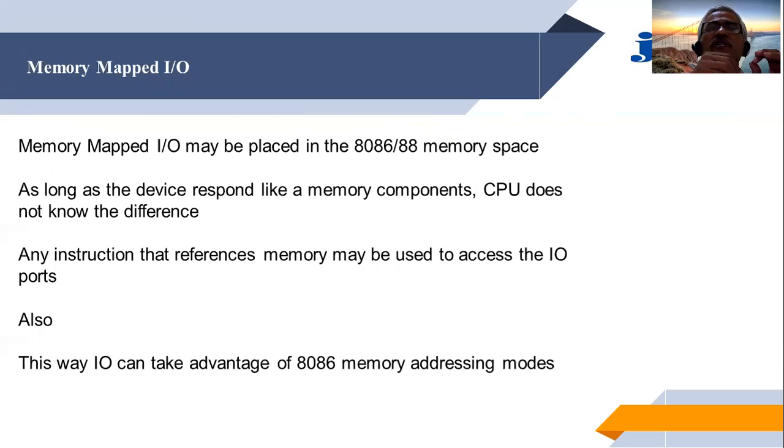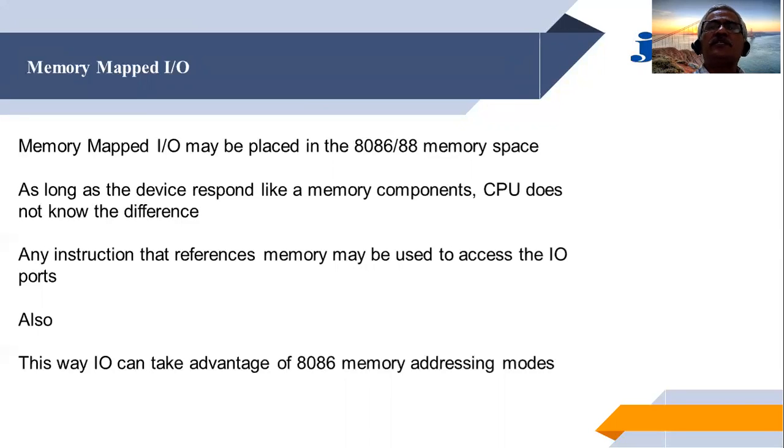There is also an advantage when you organize the memory that way, that you can take advantage of the addressing modes which we discussed previously. That means there is no requirement for separate address calculation. The already available mechanism can be used for such things.